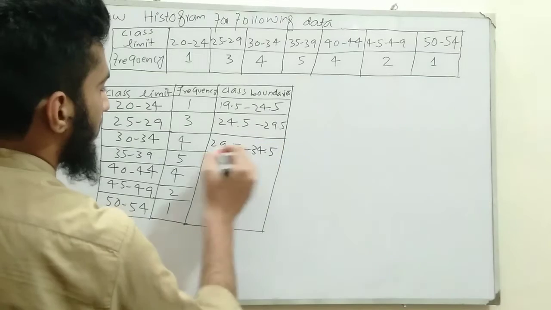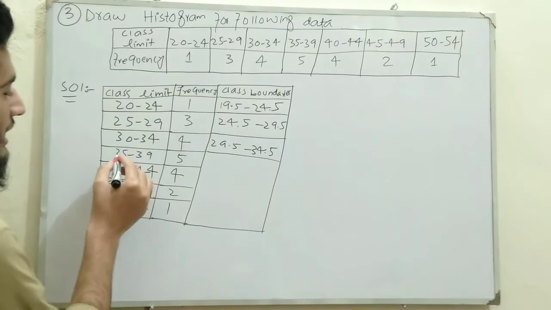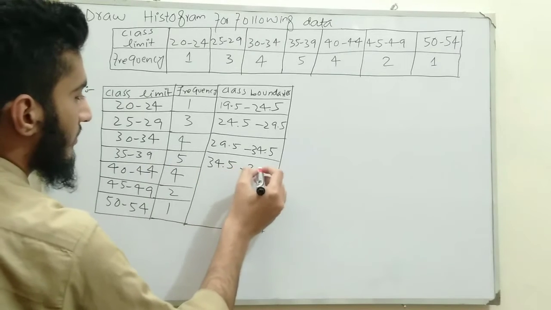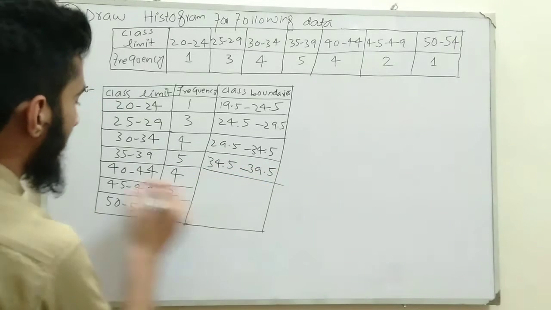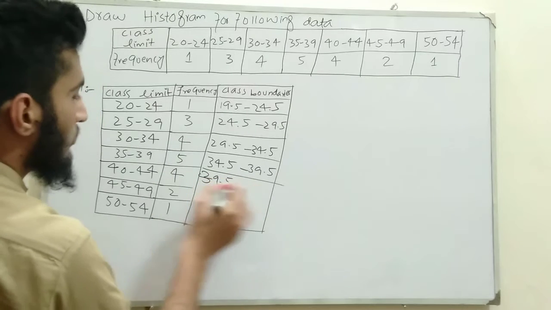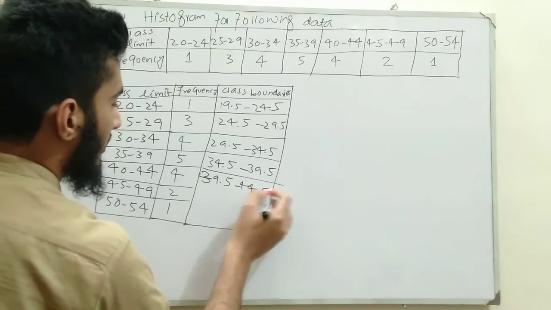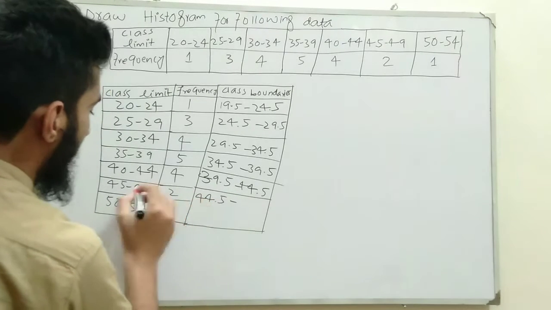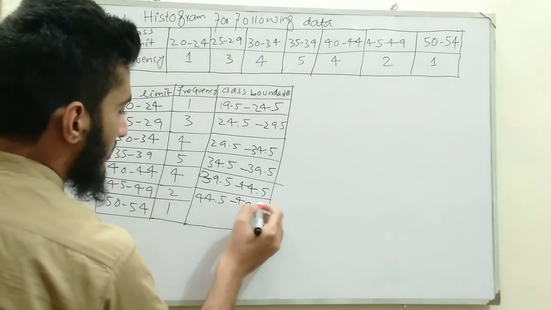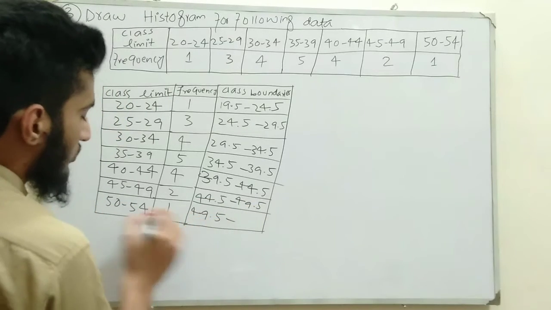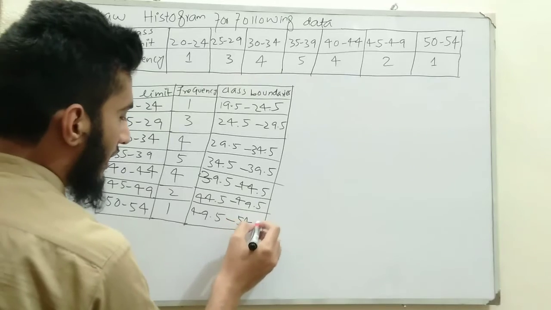After this, this class limit becomes the class boundary 34.5 and 39.5. After this it becomes 39.5 and 44.5. Then 44.5 and 49.5. Then 49.5 and 54.5.